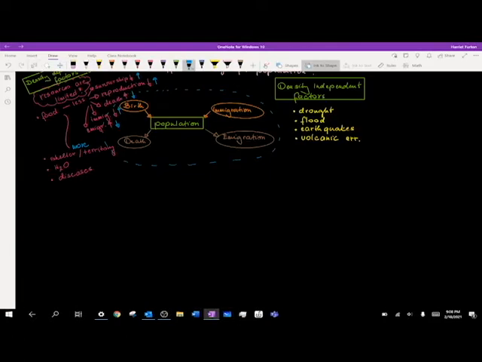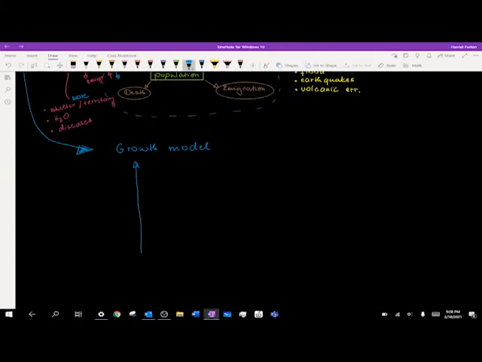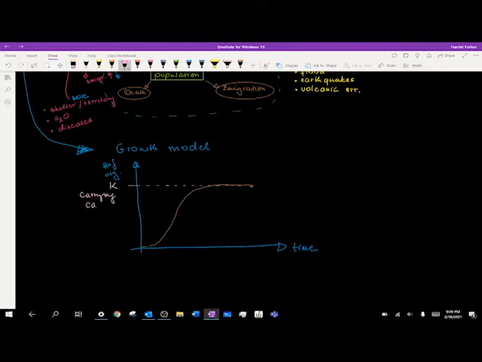Now, for the growth, we modeled the exponential growth when the factors were unlimited. Now, density-dependent factors affect the growth of a population. So if we graph the growth model, we would have an S-shaped curve, where the plateau of the S shape is really the carrying capacity for that population.